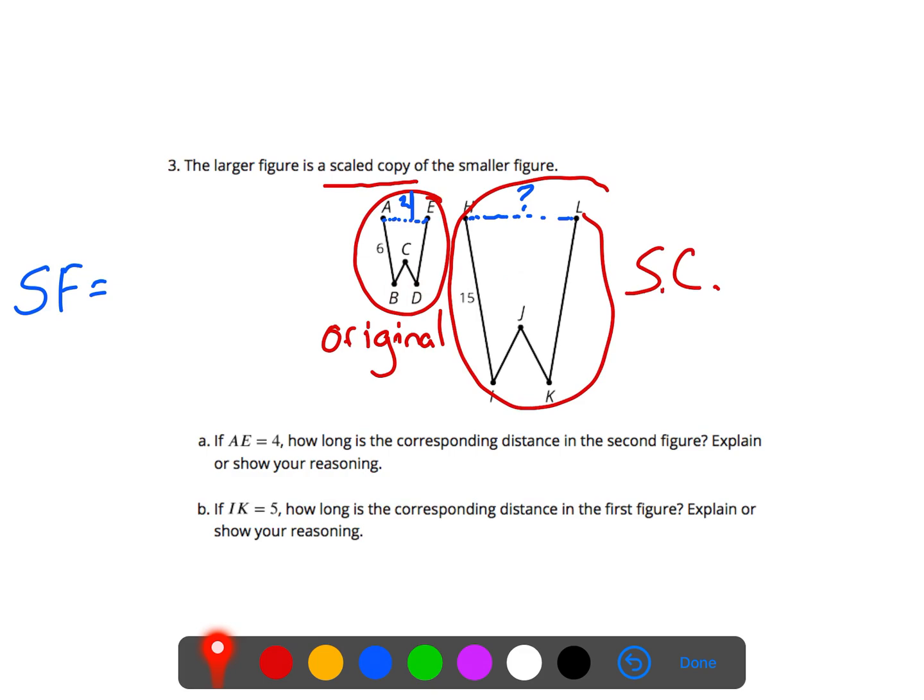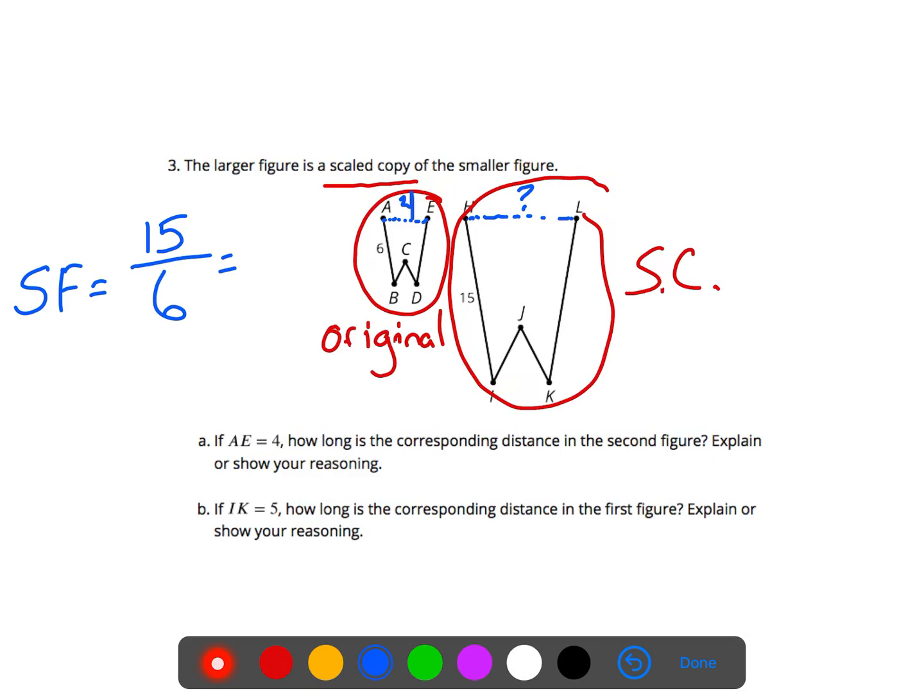So let's look at our two corresponding sides. On the scaled copy, we had a side of 15 units, and its corresponding side on the original was 6. All right, now it would be good to simplify that. 15 and 6 can both be divided by 3.